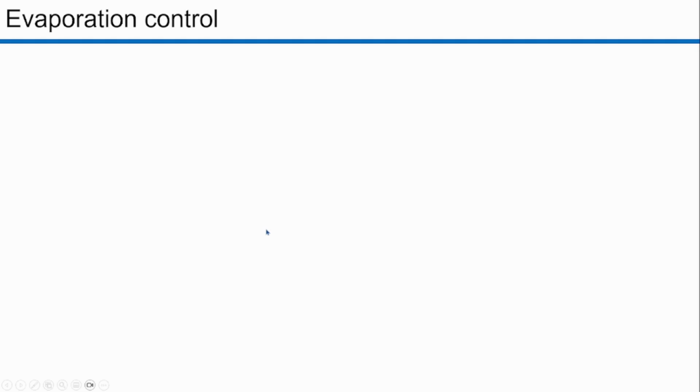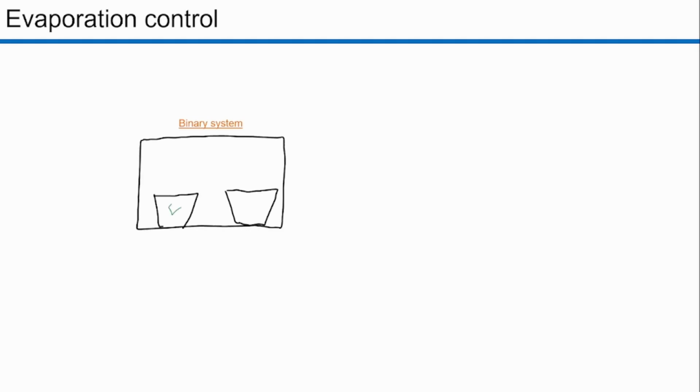For evaporation control, a simple way to control evaporation is the use of what I call a binary system. You see, if you have a closed environment with two solutions that have different equilibrium relative humidities, you might get a net transport of water from one solution to the other.